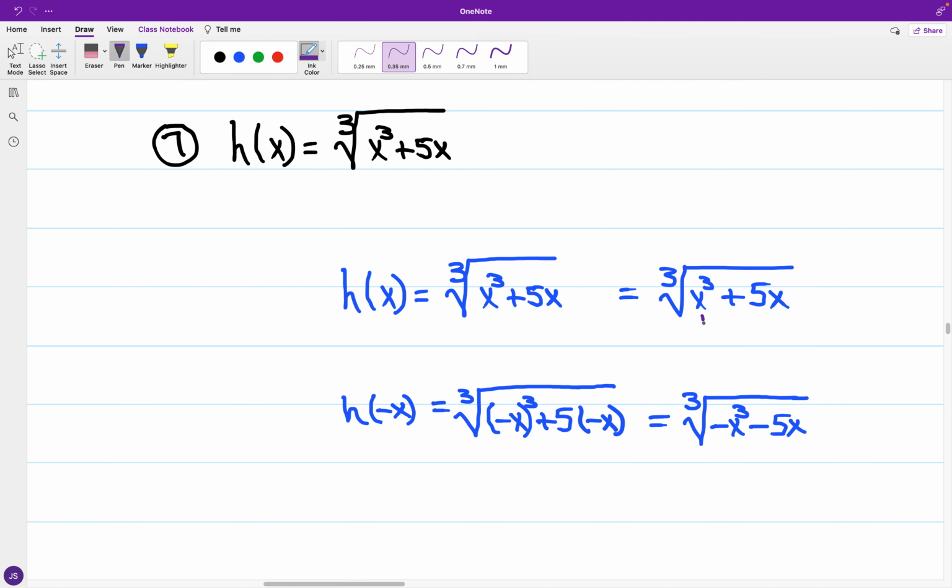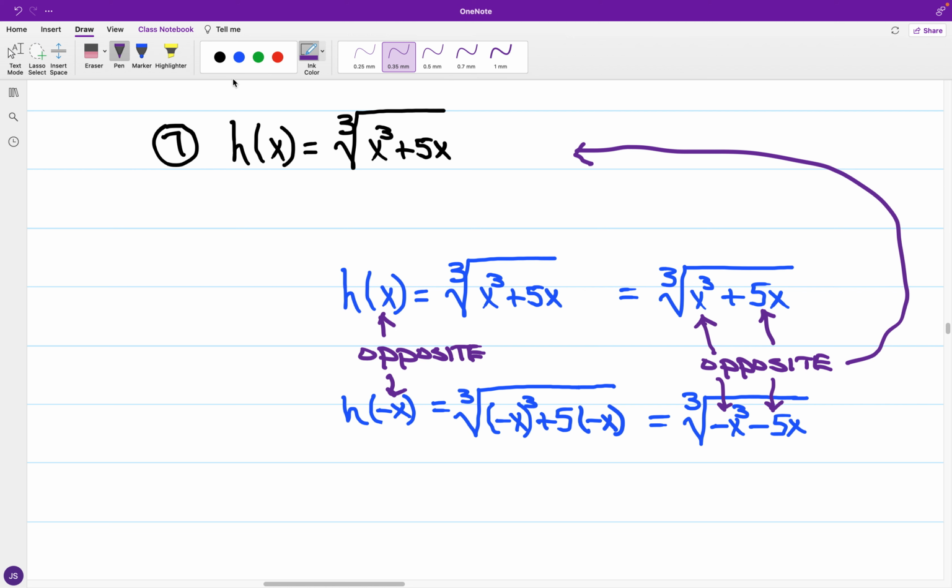So just lining up what we have here, these are opposite. Again, we have opposite sign outputs emanating from opposite sign inputs. Since we have opposite signs throughout, this function h of x winds up being yet another odd function.